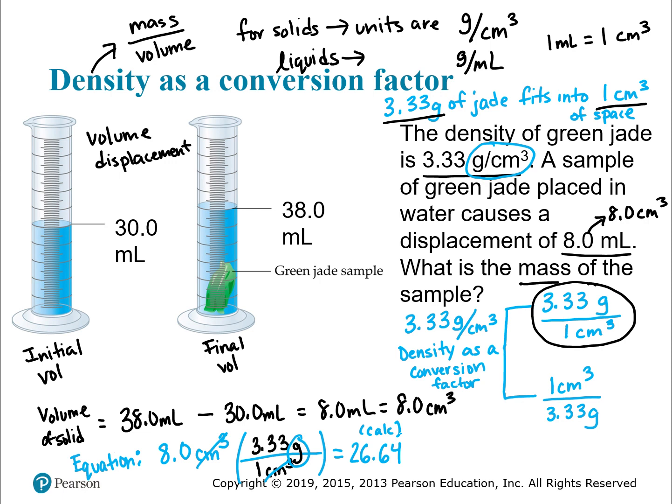The 8.0 only has 2 sig figs. The density has 3. So that's density as a conversion factor. And we also covered volume by displacement.